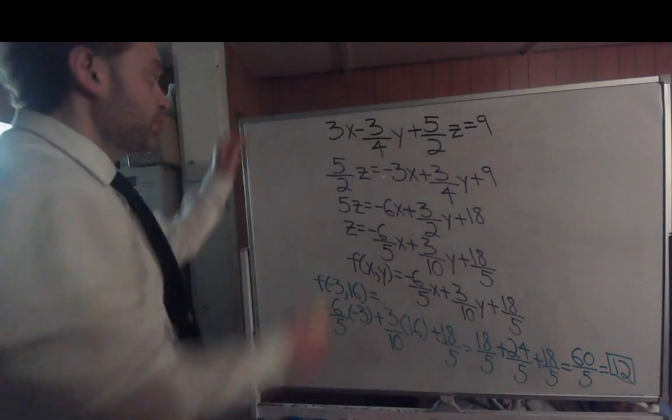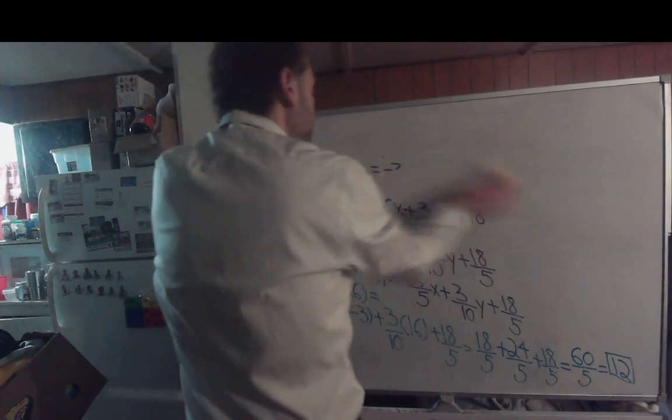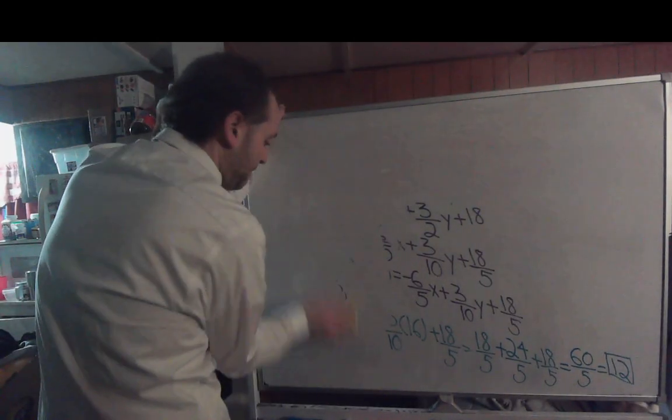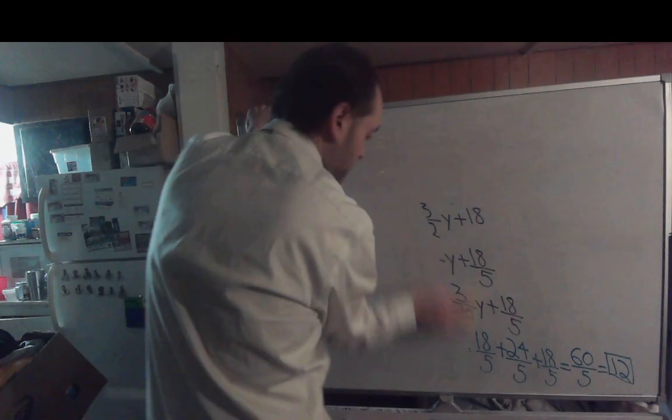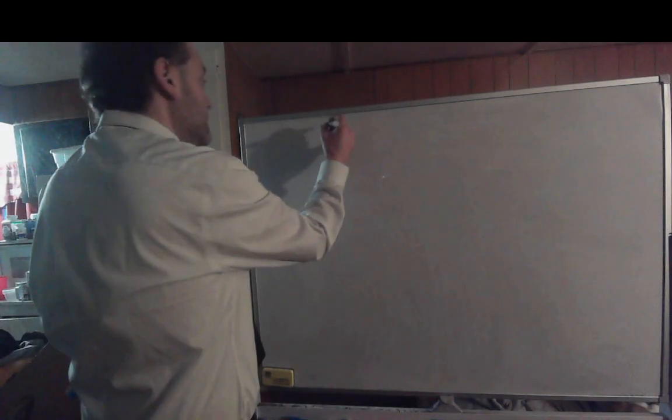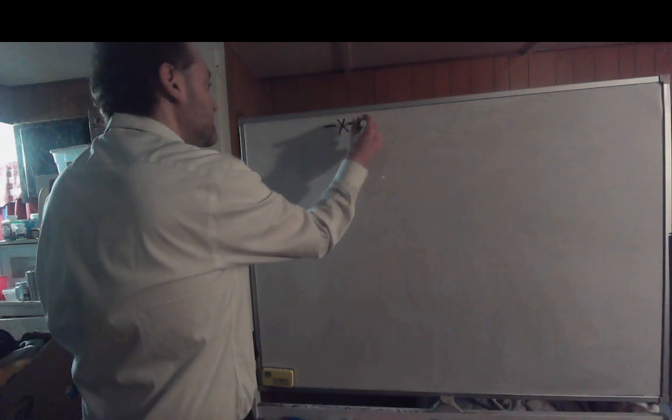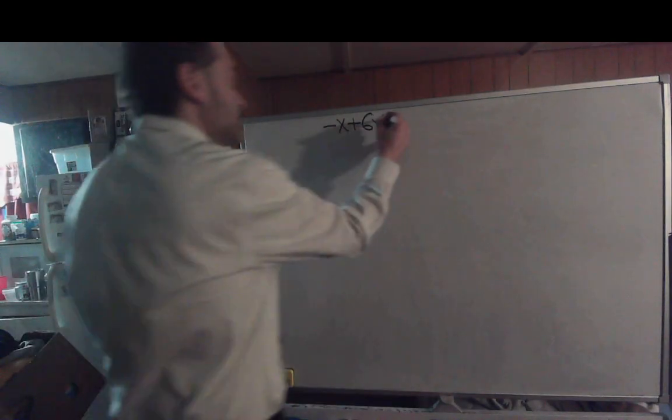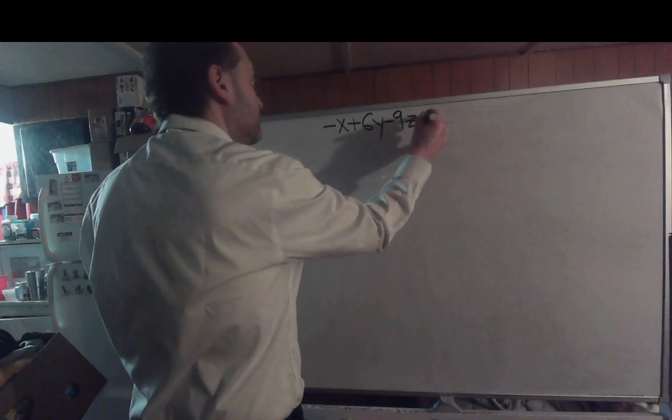And I've got one more problem, then we'll be done for the day. All right, -x plus 6y minus 9z equals 12.